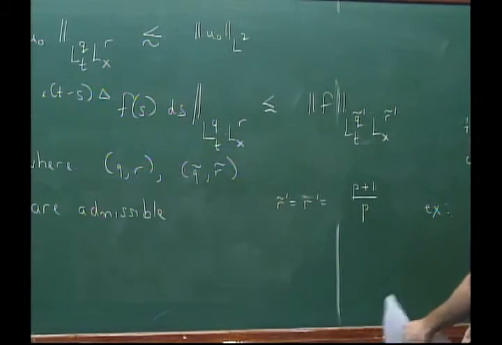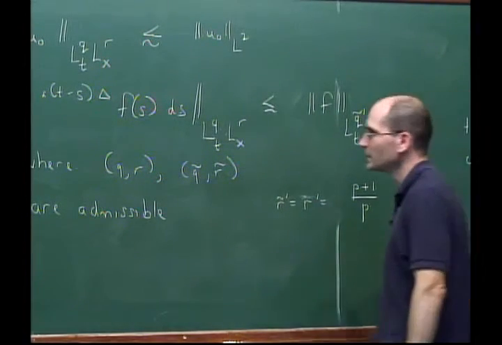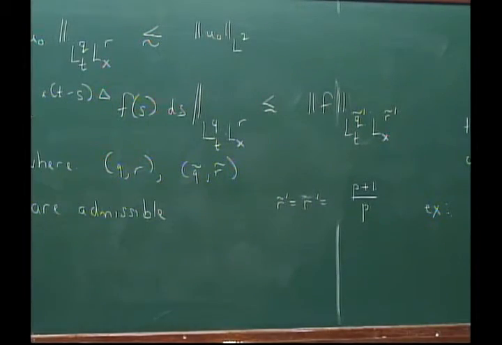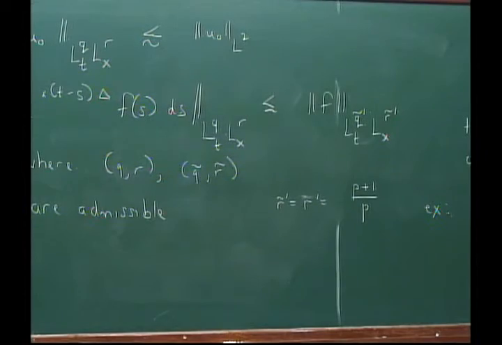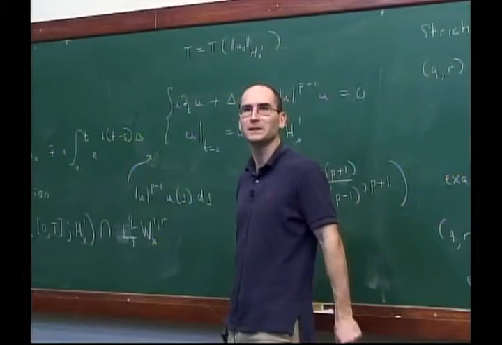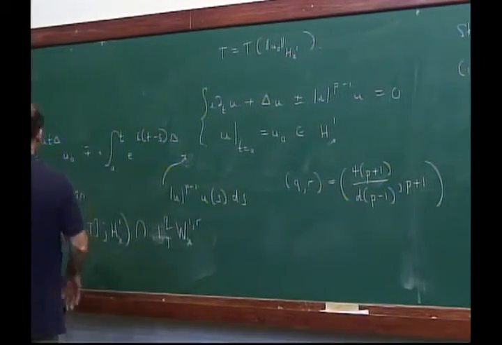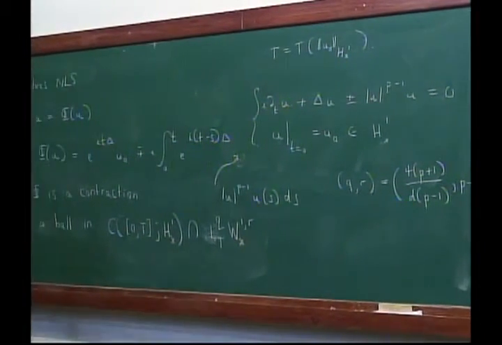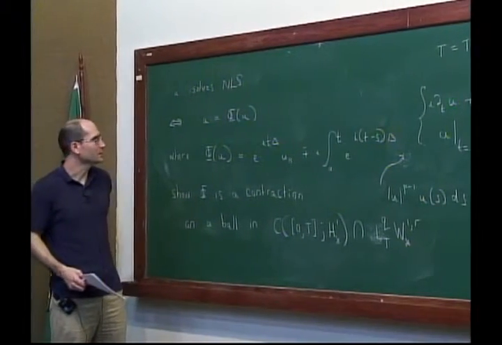Details are in the notes, but the dual will be p plus 1 over p. And so you hit u to the p with the L^{(p+1)/p} norm, and you get the p plus 1 norm to the power p. And so you have the same thing on the left and the right of your equation when you apply that estimate with this particular choice of q and r.